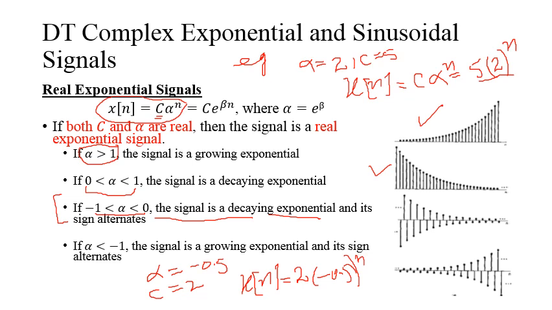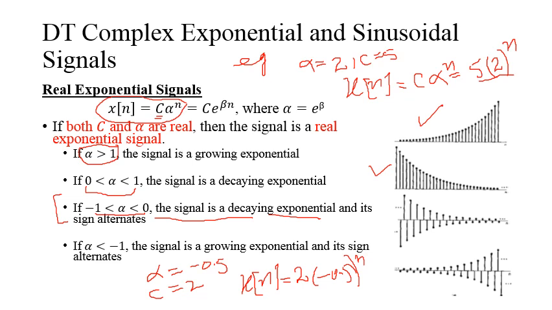Why? Because when n is even, the resulting signal will be positive, when n is odd, it will be negative. But in both cases, it will be exponentially decaying, right? So I hope that gives you the idea.